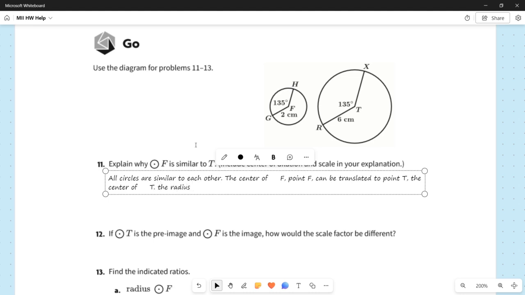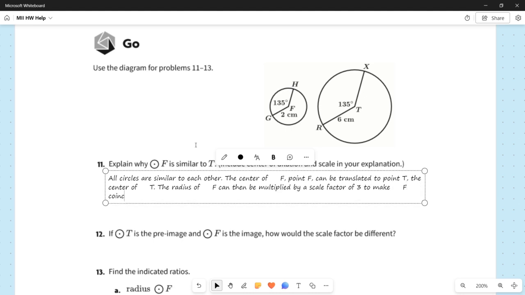The radius of circle F can then be multiplied by a scale factor of 3 to make circle F coincide with circle T.